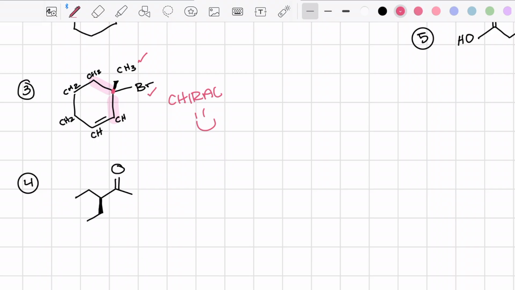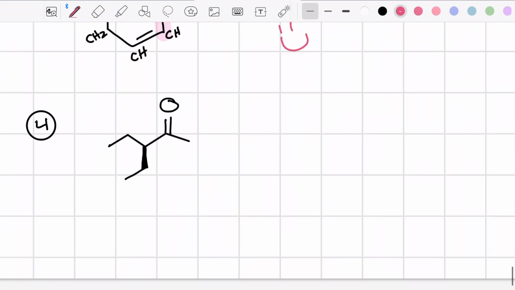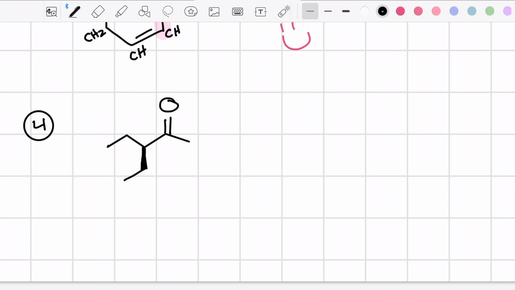Great. So now we're going to look at this 4th guy. There are a couple carbons we could look at here, but I'm going to start at this carbon, this little fella here, because I see 1, 2, and 3 groups. So we might be able to find a chiral center in here. If we look at this group, again, we're going to have this little invisible hydrogen.